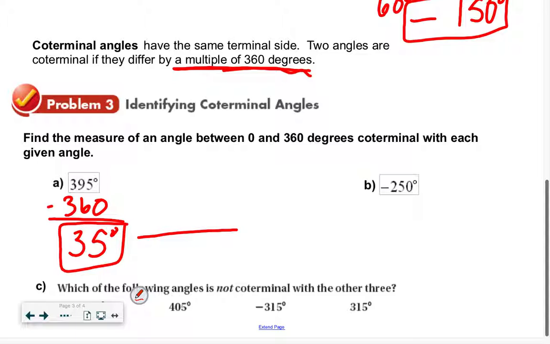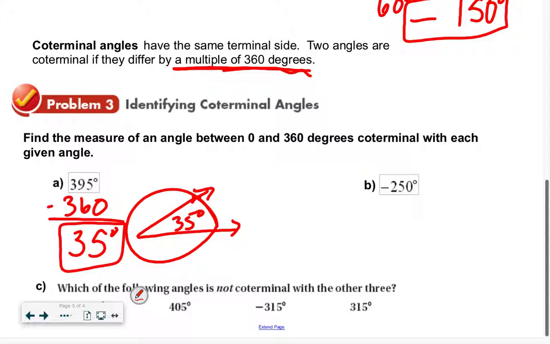So if I draw it, roughly it's going to look like that. Be the same as if I drew 360 and then added 35, right? Same picture. That was a real rough picture. But does that make sense?